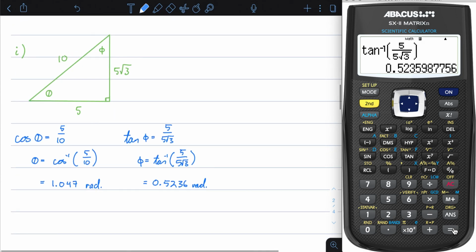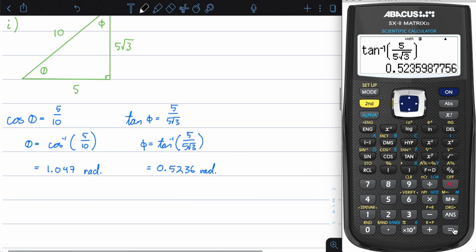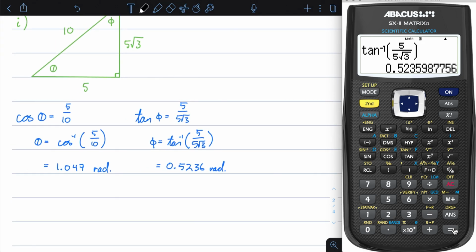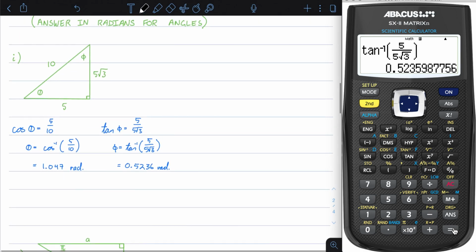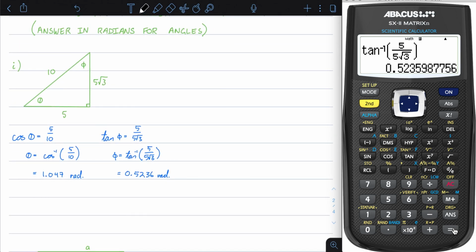For those of you that saw these as exact values, you would see that these radians are rounded off to a certain decimal value. So let's take a look at what happens when we use exact values. This step here, cosine inverse of 5 on 10 is actually 1/2, so half.